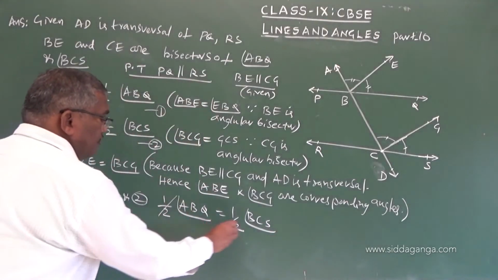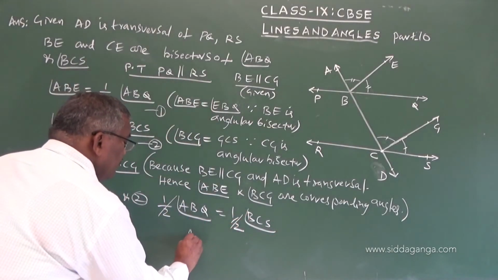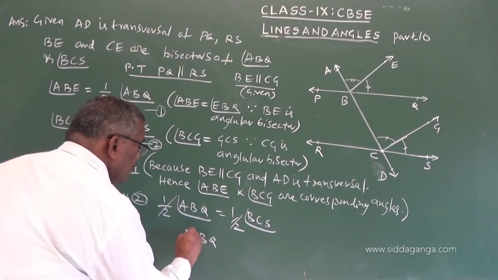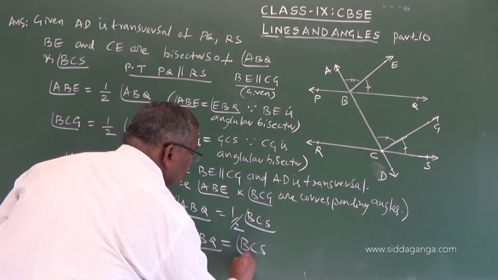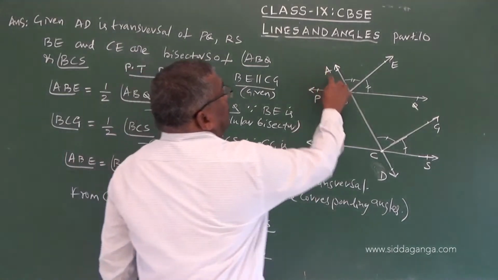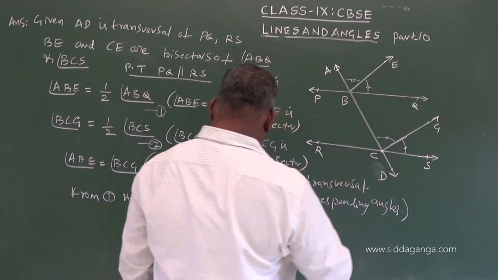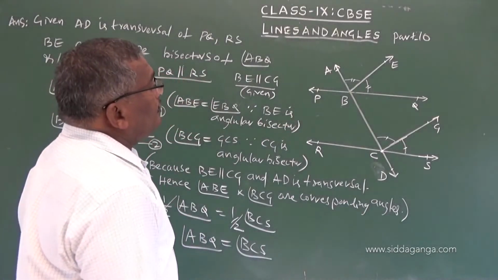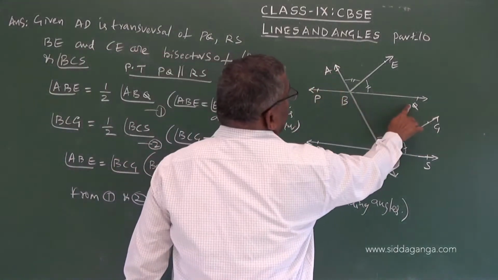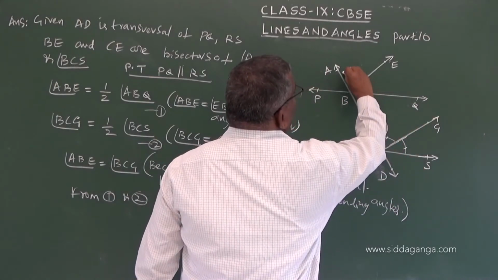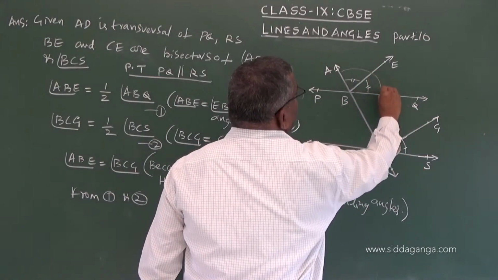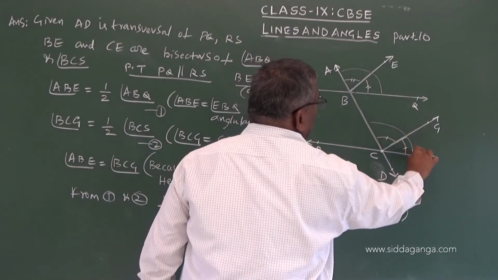So this half and half cancels. ABQ is equal to BCS. So this total angle is equal to this angle.